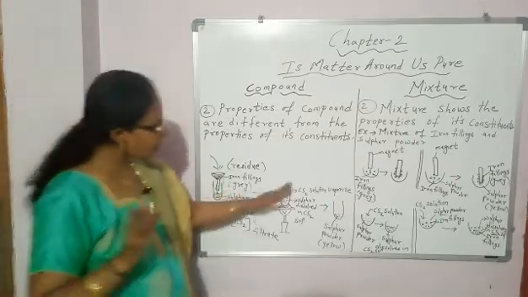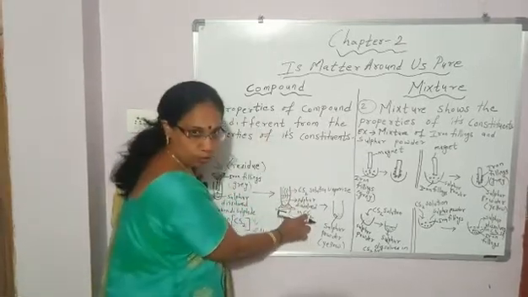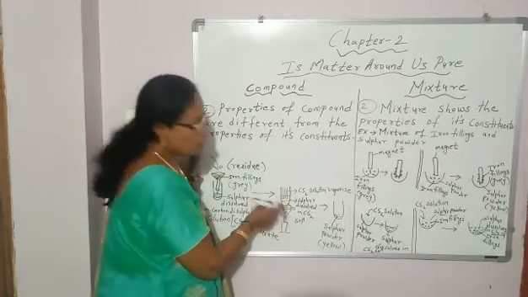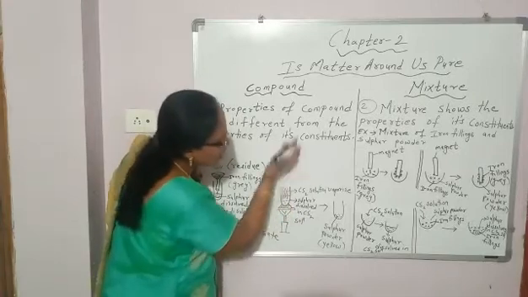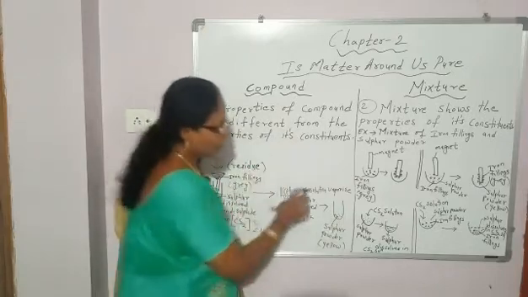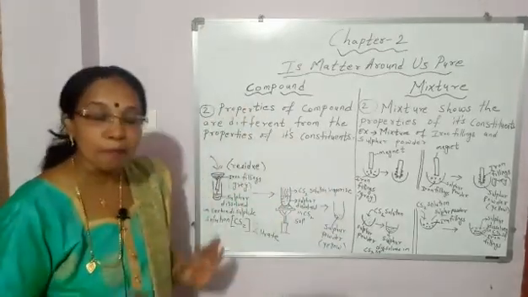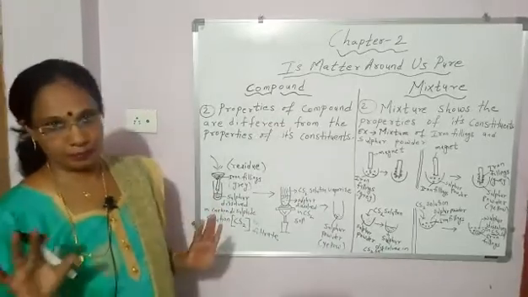Now, in the next step, this sulfur which is dissolved in carbon disulfide solution, heat it. Carbon disulfide solution will vaporize, and what is left? Sulfur powder. This way the second constituent also you separated by simple physical method.